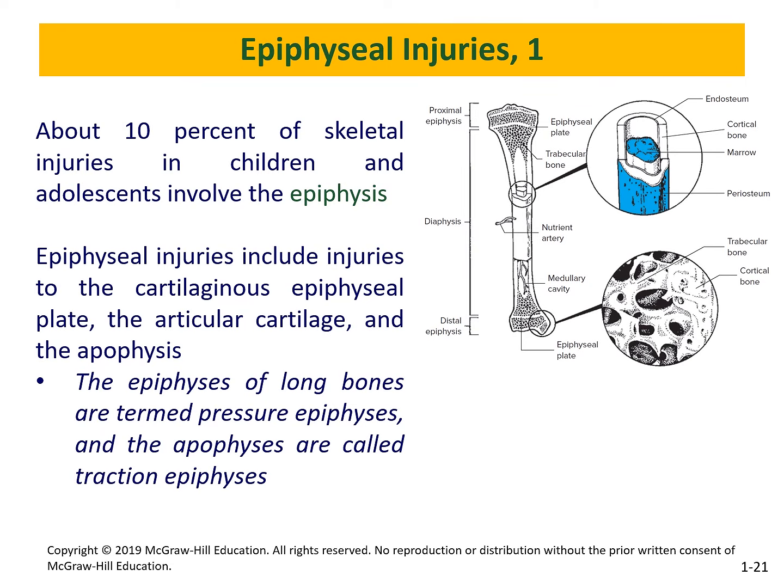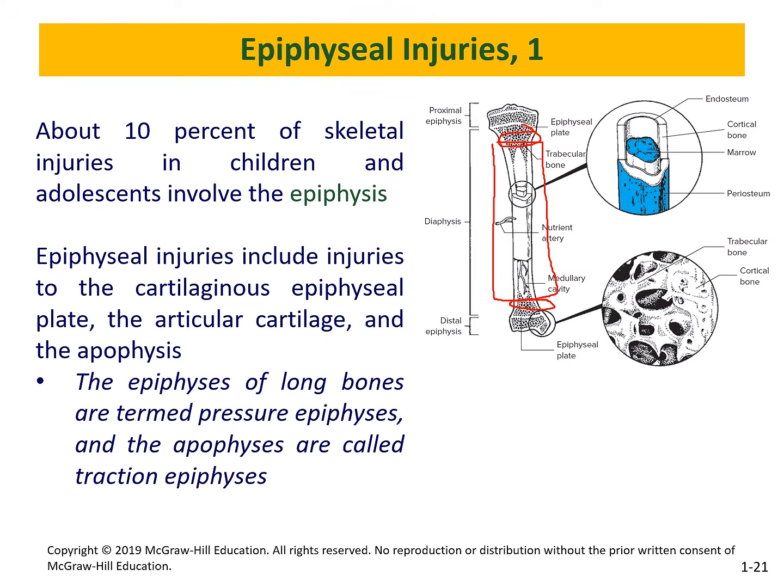Now, epiphyseal injuries. If you remember your anatomy, I think you covered bone, right, in the anatomy? You get into bone, yes. 10% of skeletal injuries in children and adults involve the epiphyseal. And the epiphyseal, I think it is the part of this here, right? This region and that region here, and that's epiphyseal. Include injuries to the cartilaginous epiphyseal plate, and bone grows longitudinally, correct?